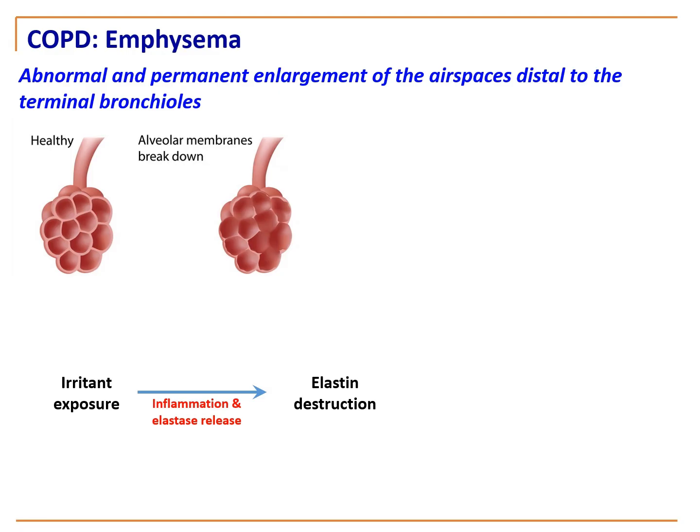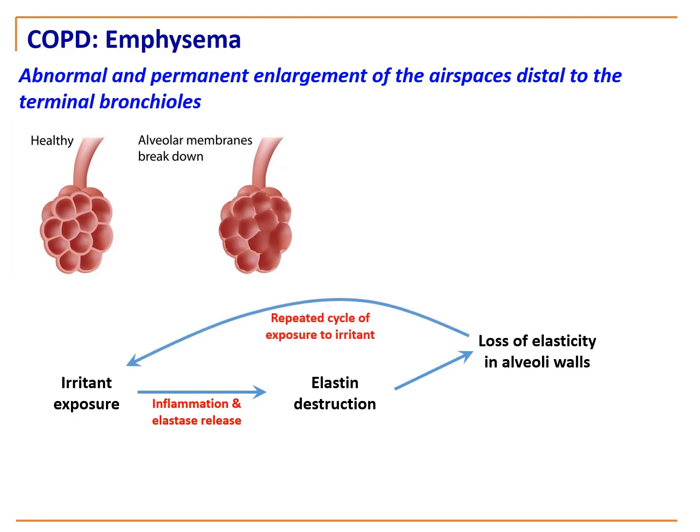Remembering, of course, what elastin is: it's a protein that provides elasticity to the lung. The released elastase breaks down that elastin, leading to a loss of elasticity in the walls of the alveoli. So the airways can still open up okay, but the elasticity is lost for passive breathing out, or passive exhalation. That repeated cycle of inflammation and elastin breakdown results in the destruction of the alveolar walls.